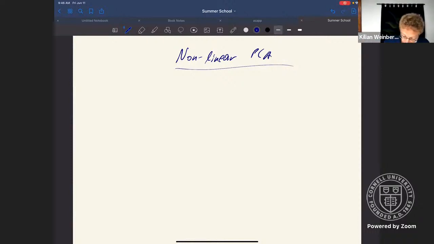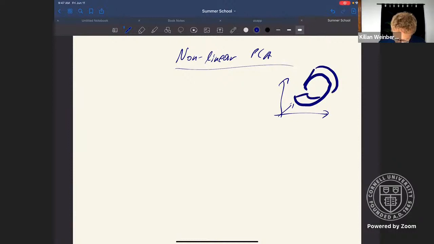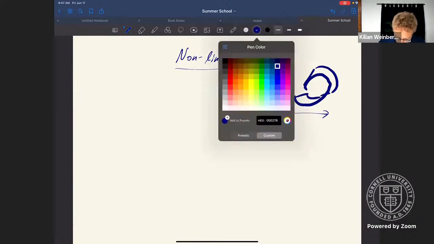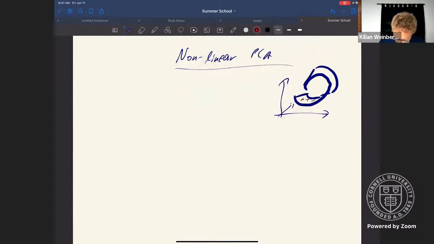About 20 years ago, when I started my PhD, there was a big race. They basically said, well, we all know PCA and we love PCA. PCA is awesome, but what if your data lies on something like this, like a Swiss roll, where I have data that's essentially on a manifold?